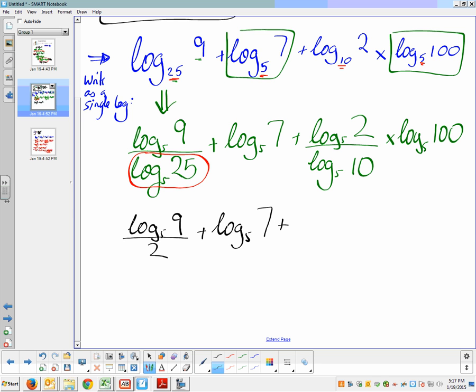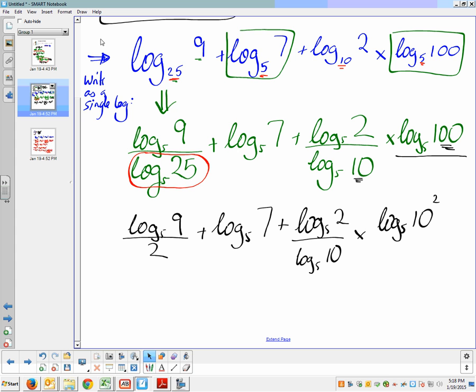But here, you should spot that there's obviously a relationship between 10 and 100. So what I'm going to do is rewrite that. This is going to stay the same. Log base 5 of 10. But I'm going to rewrite this logarithm as log base 5 of 10 squared. And we know from our log law that that 2 can go there instead.